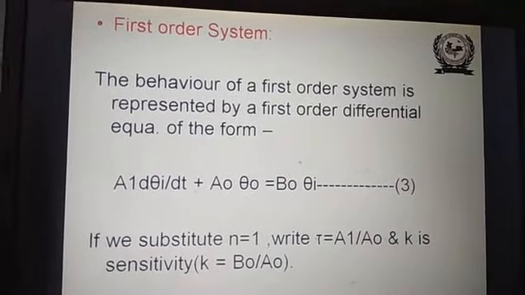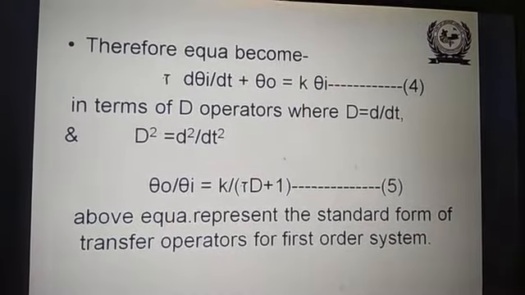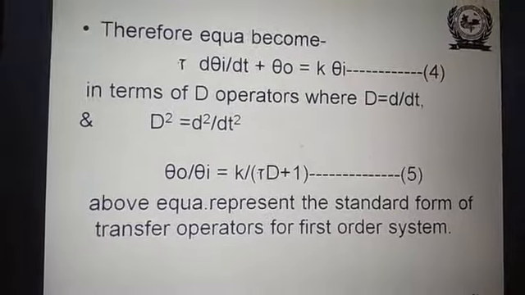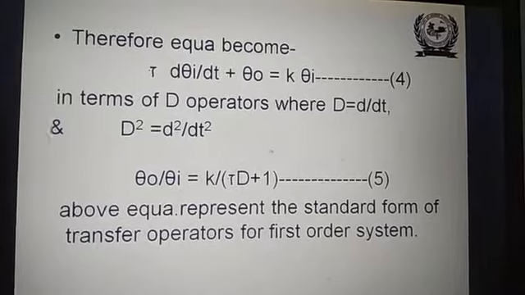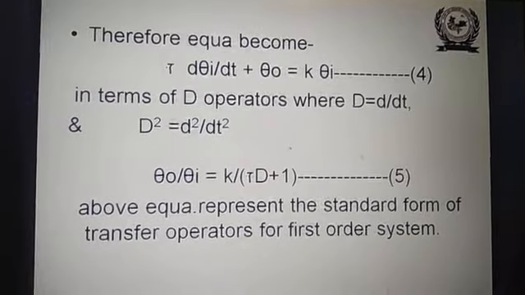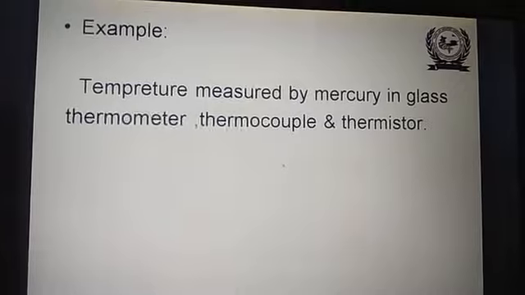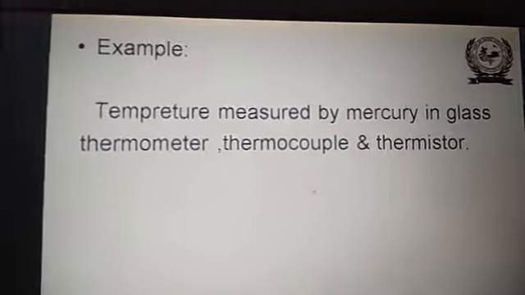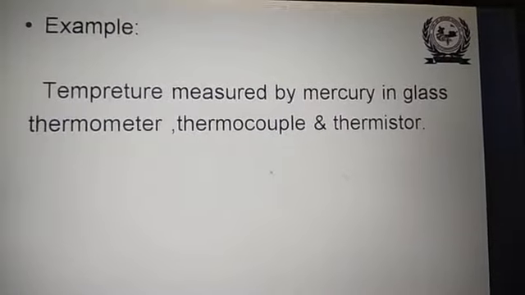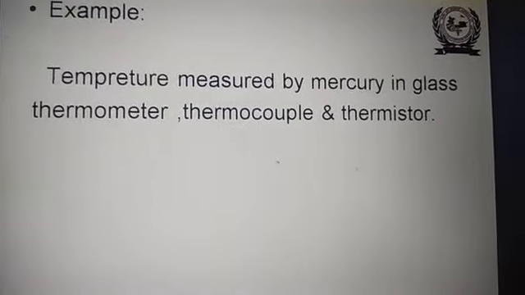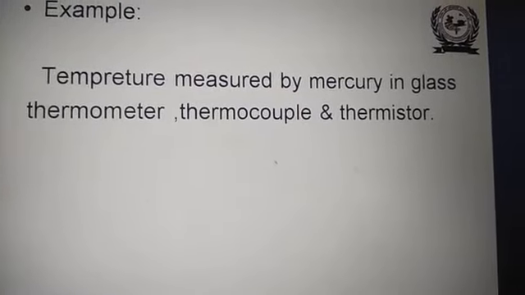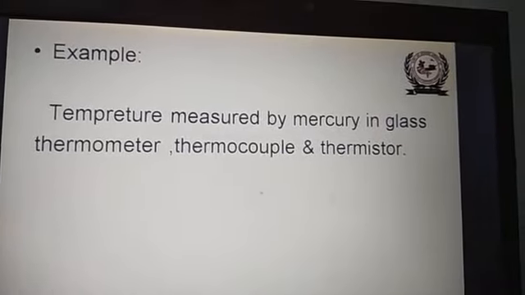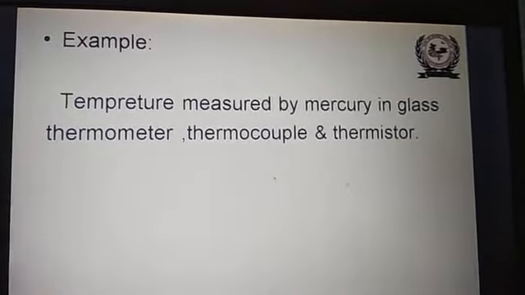This is the first order system. You can see, if this is second order, then the differential equation becomes a second order equation, and the Laplace variable becomes s square. For example, temperature measurement: temperature measured by a mercury in glass thermometer, thermocouple and thermistor is an example of a first order system.